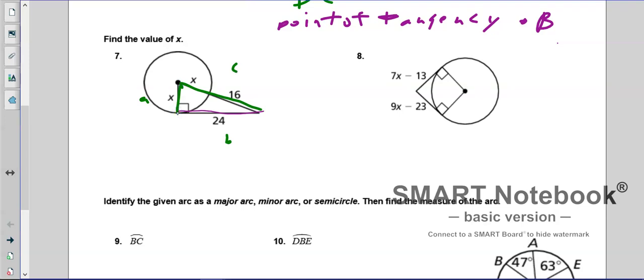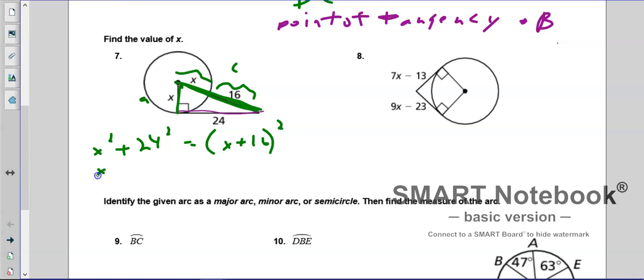My A is just X. What's my B? 24. And then my tricky one is, what's my C? Now be careful here. The entire length here is C. We know the outside part is 16, but there's also this inside part. That is X plus 16. Whatever X is plus the 16 is that hypotenuse.